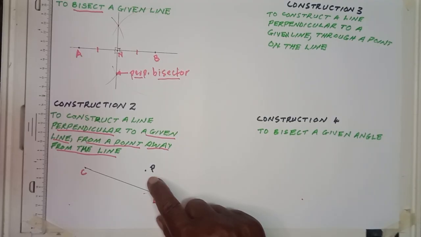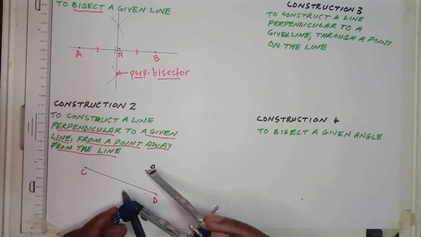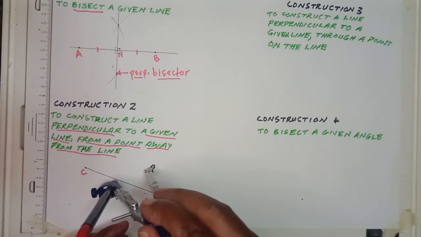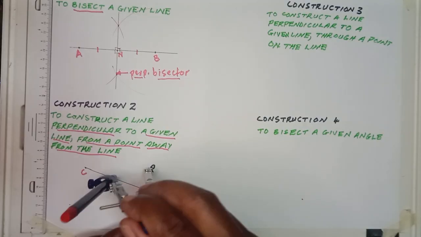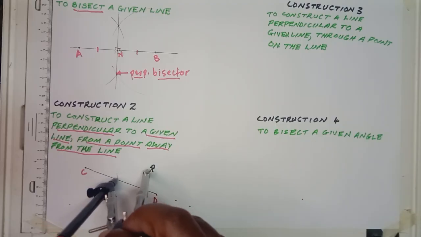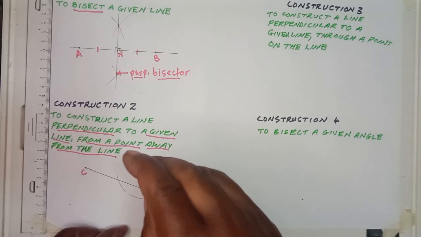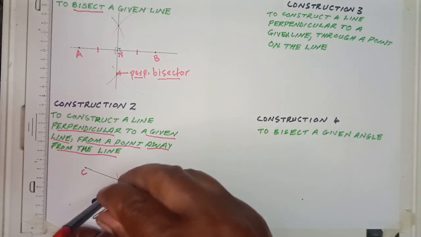Now, after locating point P, we pick compasses. We open the compasses to any convenient radius. But we must check that the radius will allow us to draw an arc that will cross the line CD twice. So putting the compass point at P, we draw an arc to cut line CD twice.